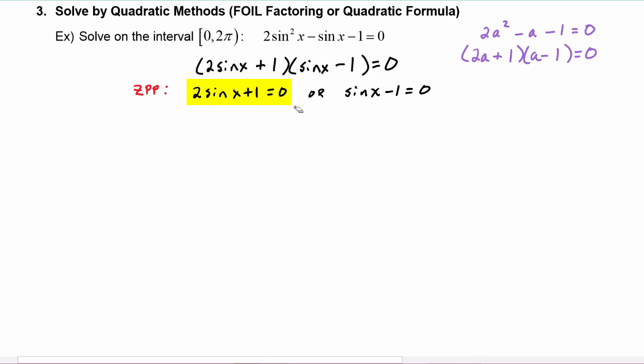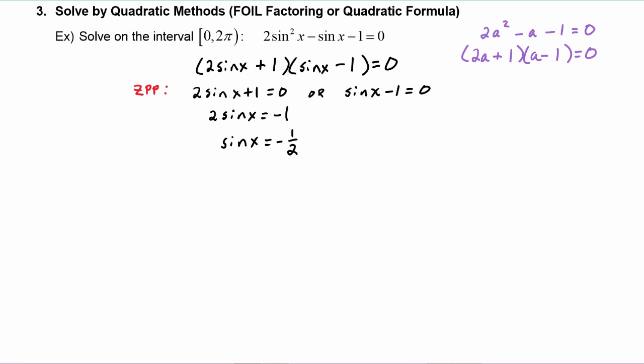So let's take care of this first equation. We will subtract 1, and so now we have 2 sine of x is equal to negative 1. Then we will divide both sides by 2 and get that the sine of x is equal to negative 1/2.